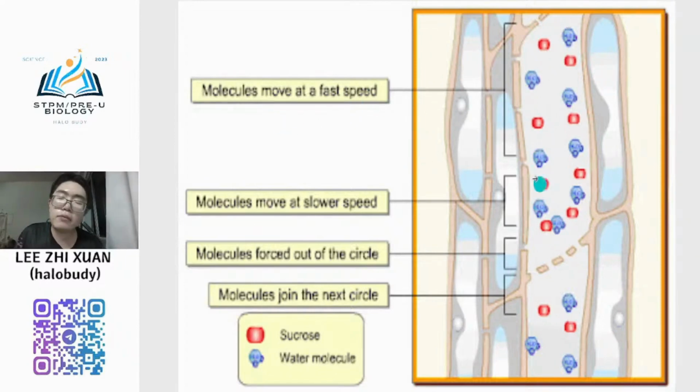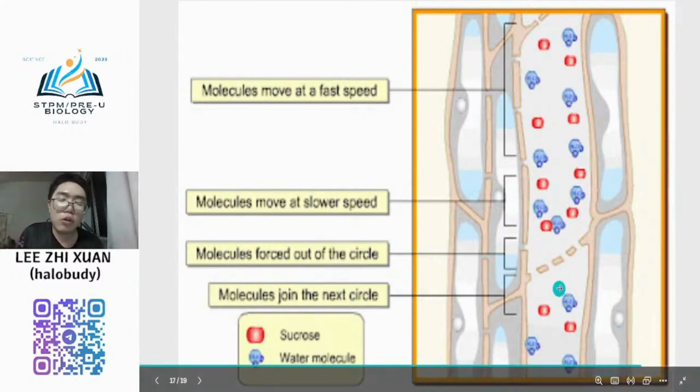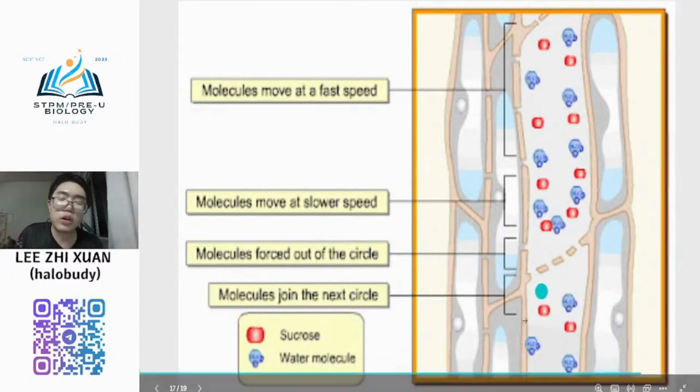But when they are near the sieve plate, the molecules move at very slow speed. And this slow speed will force the molecules at the upper part of the sieve tube element out from the upper part to the lower part by active transport. So the molecules will join into the next cycle again.